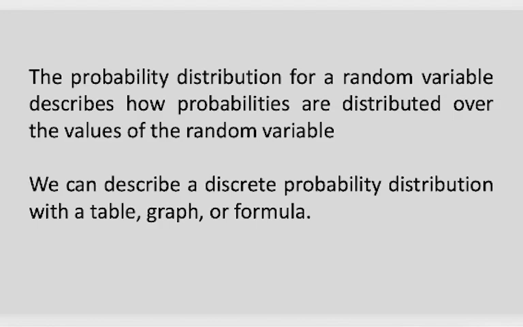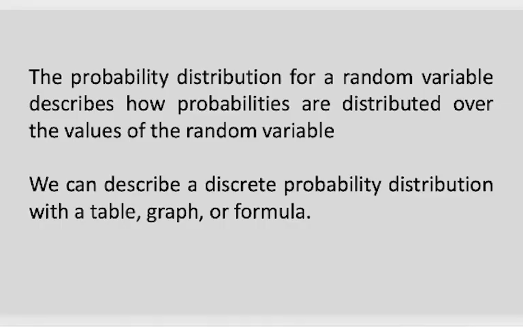Hello. In this video, we're going to talk about the probability distribution of a random variable and how we are going to assign it to different values of the variable. So from the definition, the probability distribution for a random variable describes how probabilities are distributed over the values of the random variable.